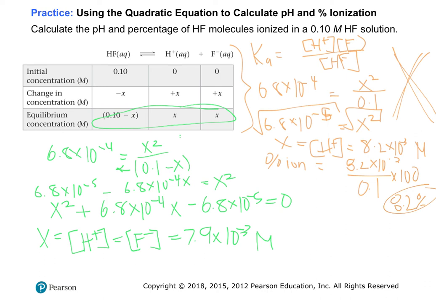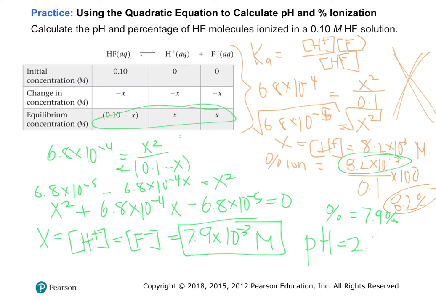So that is now our new percent ionization, really 7.9%. We're going to do the same calculation, but plug in our new number for our hydrogen concentration. So if we take the negative log of this value to get our pH, then our pH is 2.10.